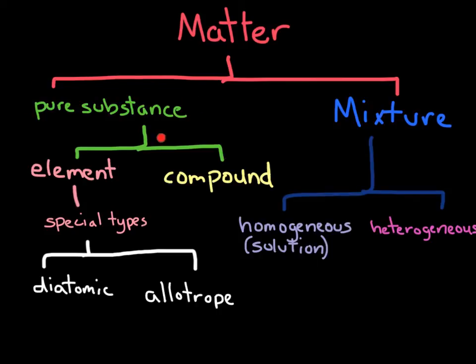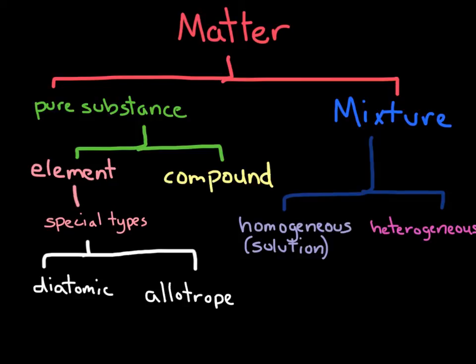A pure substance is the same kind of matter throughout the entire sample. If you determine that you have a pure substance, you have to further classify it as either being an element or a compound. An element contains only one type of atom throughout the entire sample.